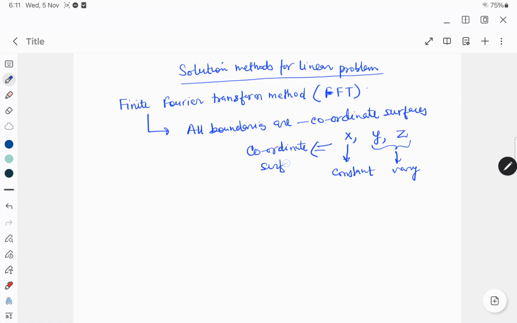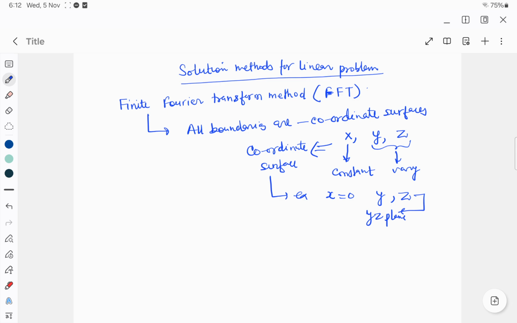For example, suppose x is equal to 0, with unrestricted y and z. So this is the YZ plane.